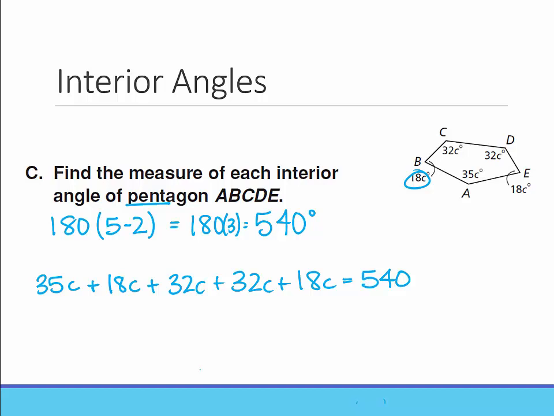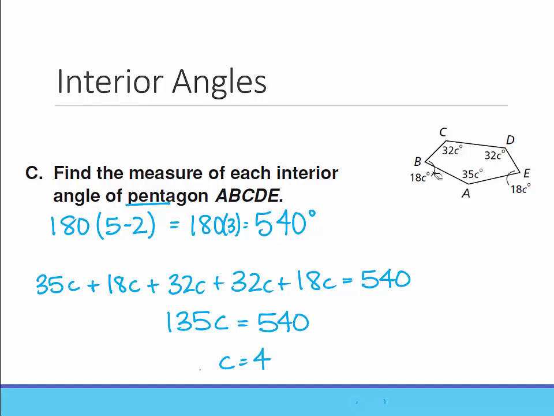Since all of these have a c next to them, we can just add 35 plus 18 plus 32 plus another 32 plus another 18. So we have 135c has to total 540 degrees. If we do a little algebra, we will end up with c has to equal 4.